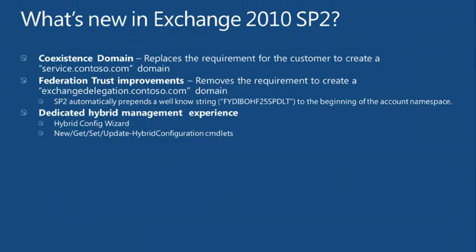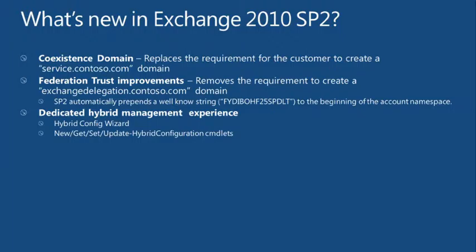And so we've changed the way we create Federation Trusts in Service Pack 2 onwards so that we automatically prepend a well-known string to any domain that you specify. So in Service Pack 1, we had this requirement that if your domain was contoso.com, you had to go and create this subdomain called exchangedelegation dot whatever your domain name was. So exchangedelegation.contoso.com.